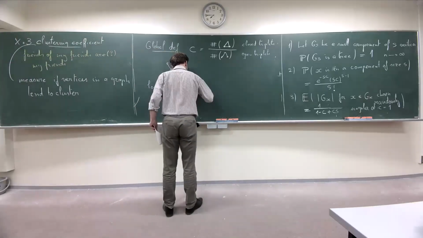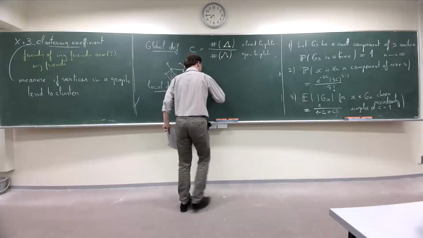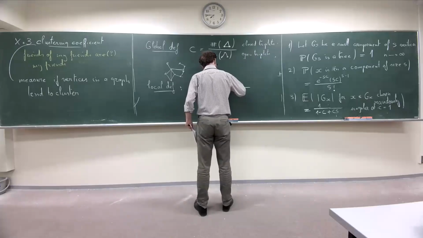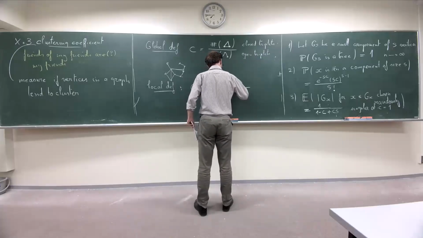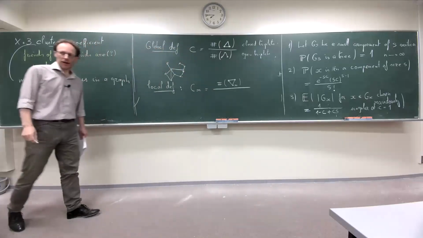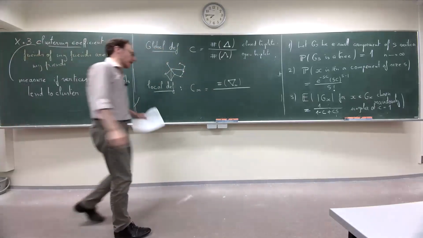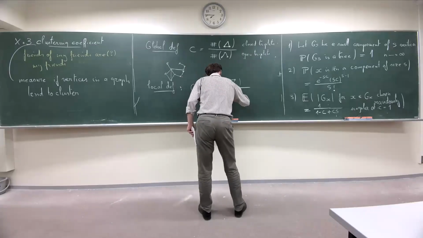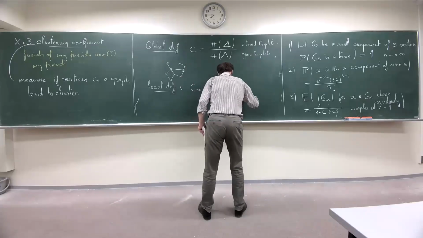So I define Cx. Again, it's a ratio: the number of closed triplets with one vertex X, divided by a certain number, 1/2 of the degree of X times the degree of X minus 1.